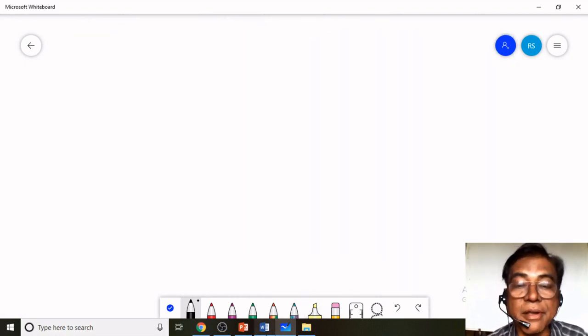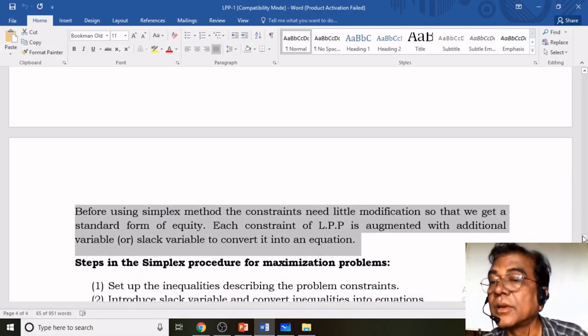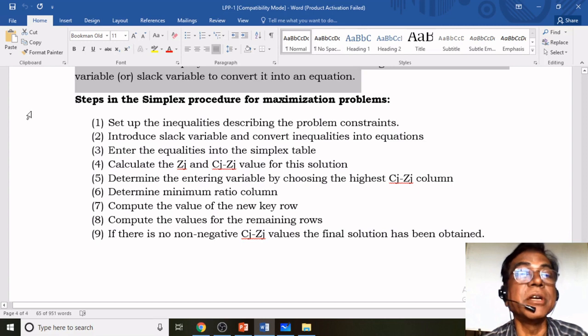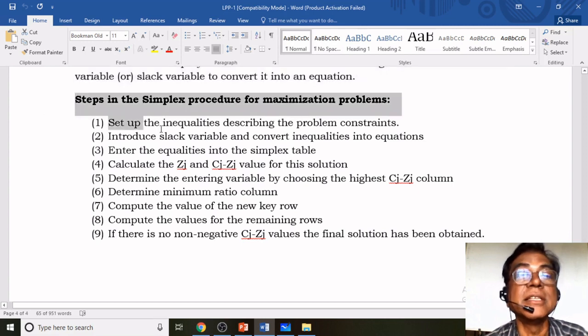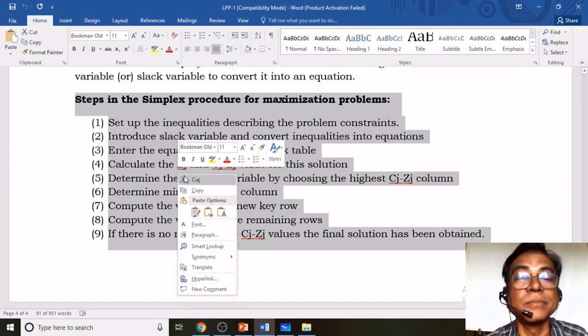Yes, come to this point. The steps for the simplex, please, this is a very, very important point.